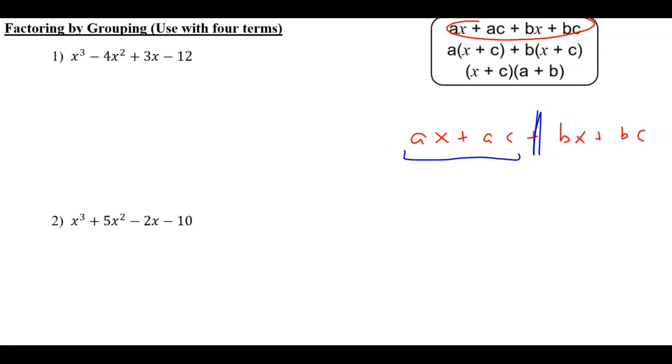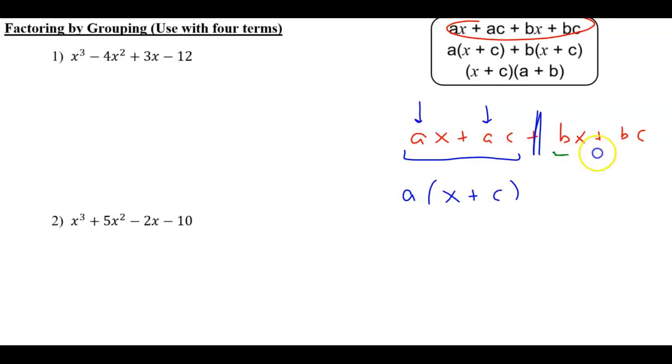And what do you notice both terms have in common? In other words, what's the greatest common factor of the first half? Well, they both have an a. So I can factor or undistribute that a out of the first half. And that would leave me with just x plus c if you undistribute the a back out front.